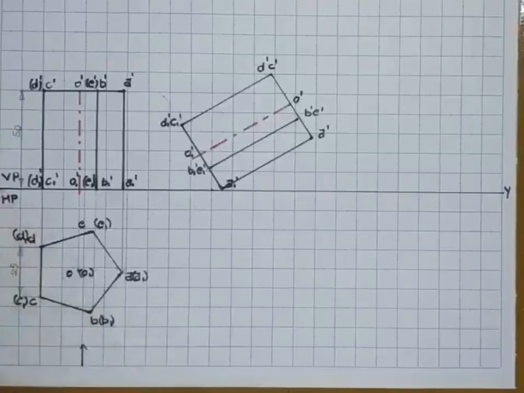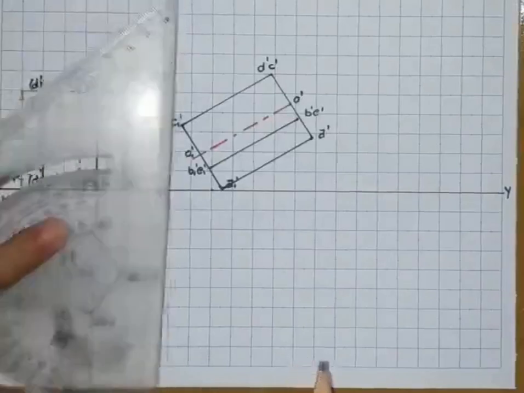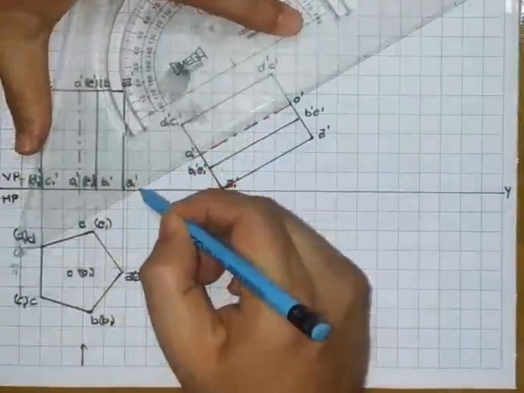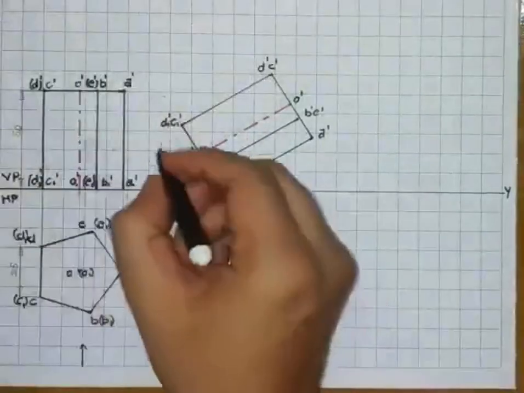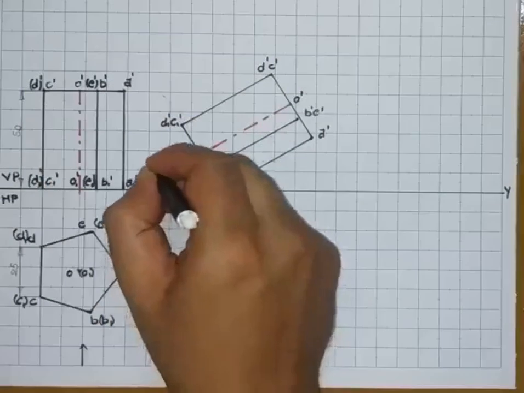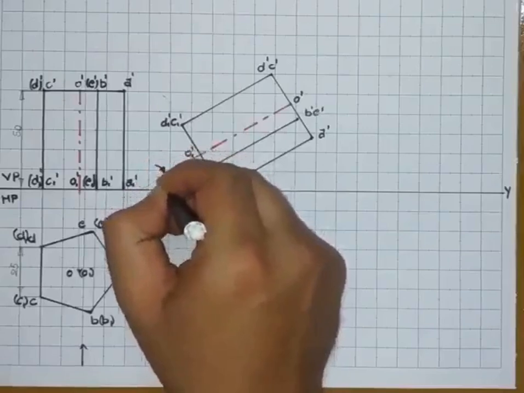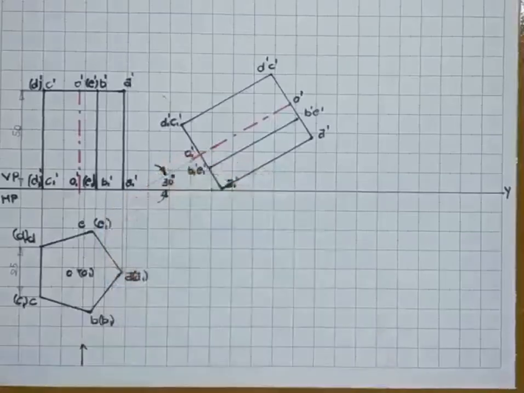Now to get the top view, project. You can also do the dimensioning. The axis inclination is 30 degrees.